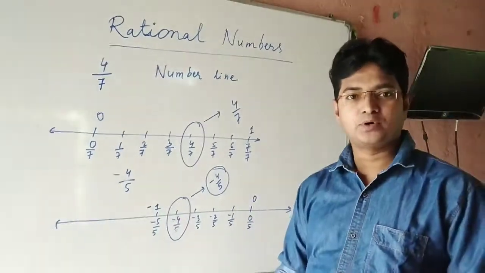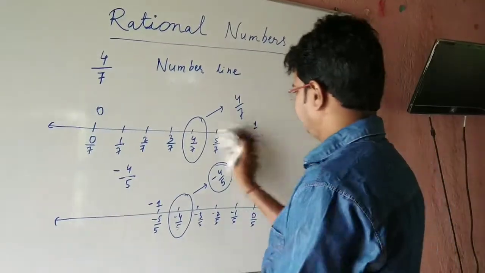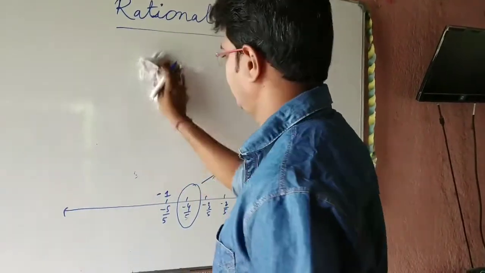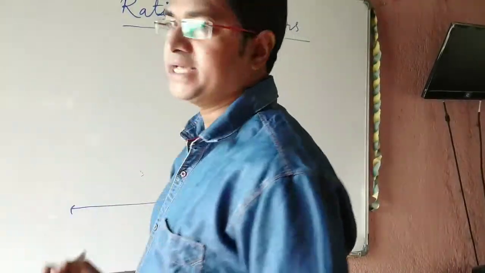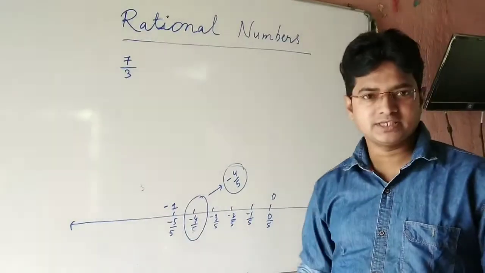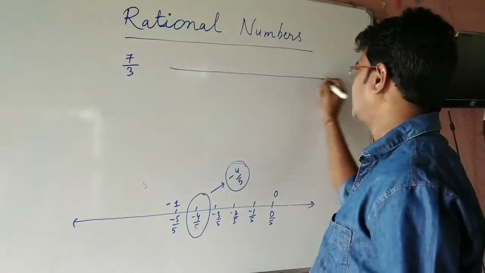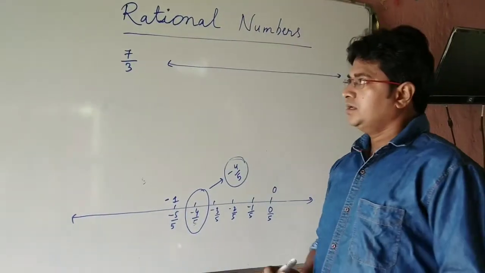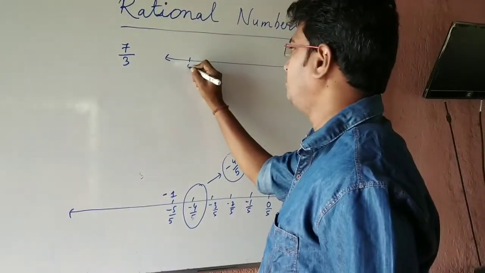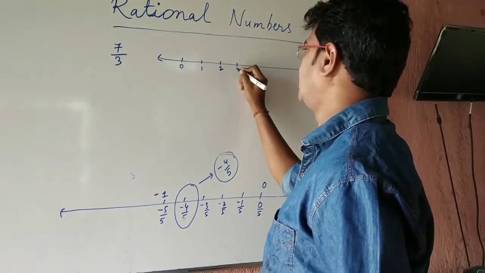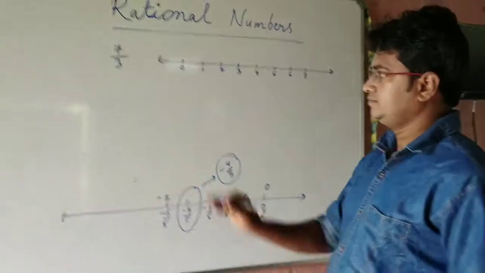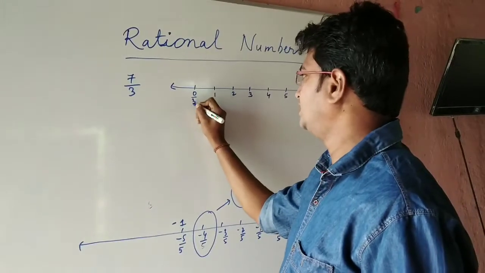By chance, if you get an improper fraction, suppose it is 7 by 3, there are two ways by which you can represent it. First way: since the greater number is 7, you divide it into 7 equal parts, and the denominator is 3, so we divide it by 3.